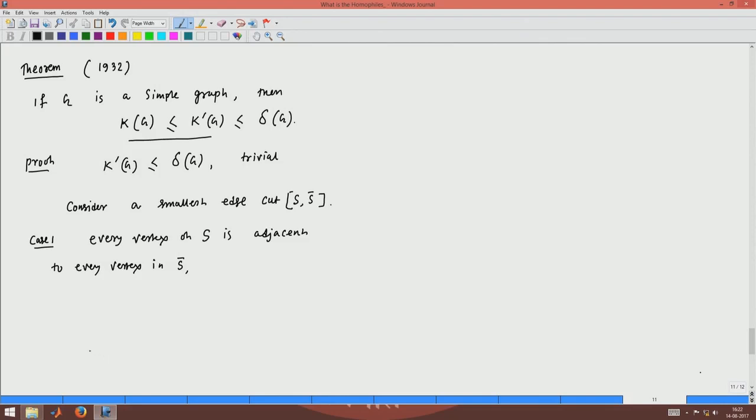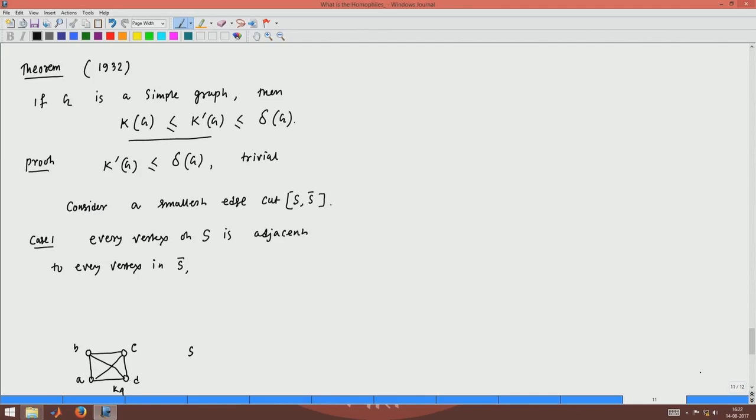Suppose I take a complete graph K4 again for illustration, A, B, C and D. Okay, this is a complete graph with 4 vertices, K4.